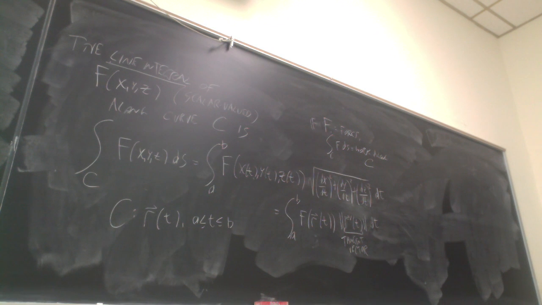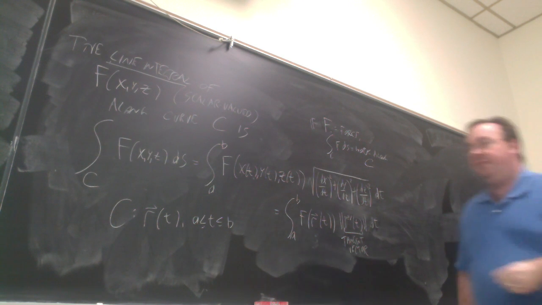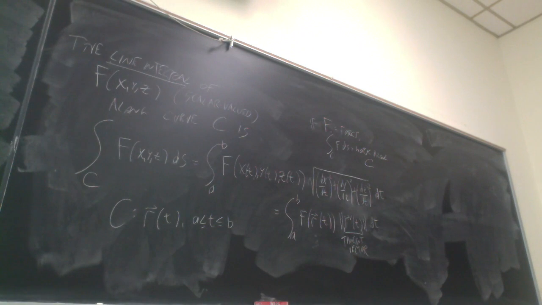So that's just how to interpret that line integral. We actually have two formulas for line integral. It's line integral of a scalar value function, which is what I've shown you, but also for a vector field will come from this.